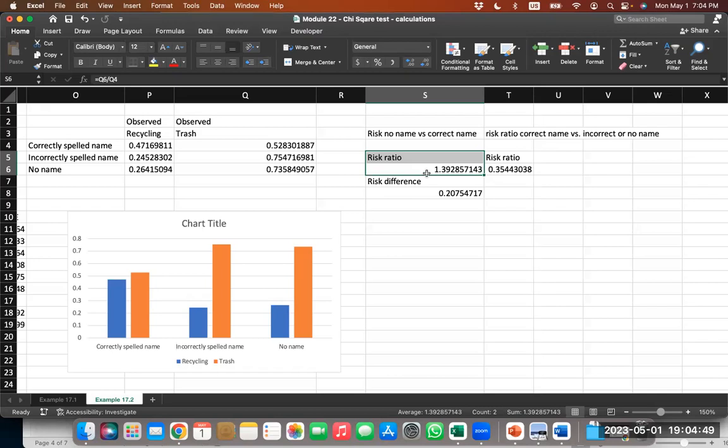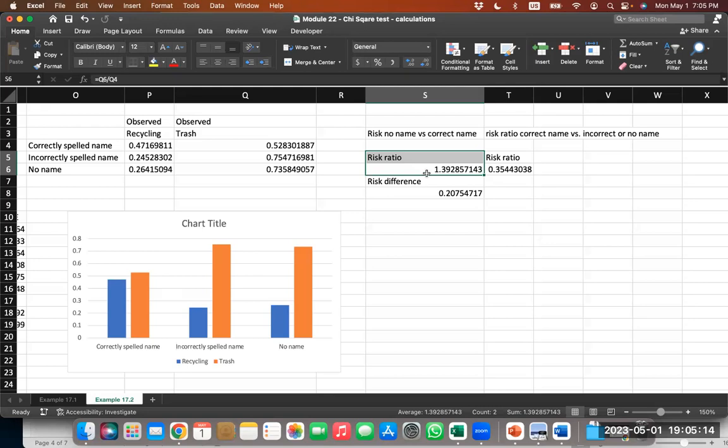You can compare recycling, the preferred outcome, in reference to trashing them, because you have put them as a relative term by calculating probability. So you can compare either probability. And the way you're arranging numerator and denominator, and this is why I keep on repeating that, the way you arrange numerator and denominator will drive your interpretation.